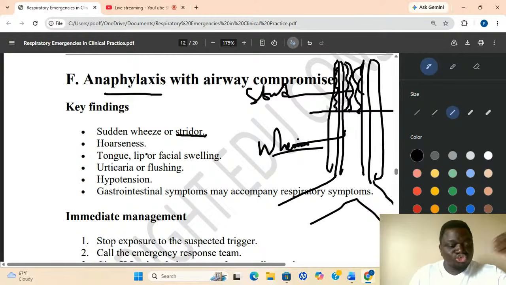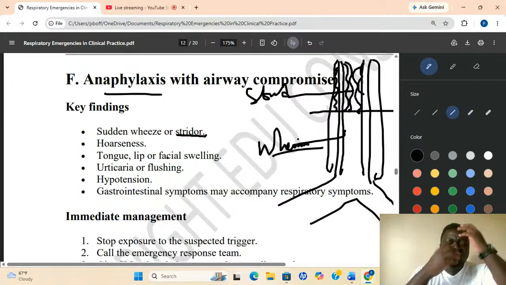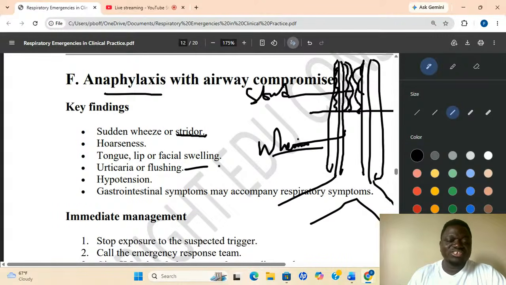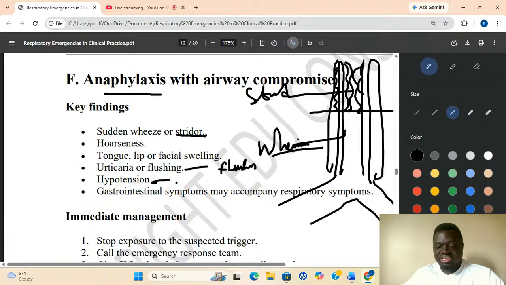Tongue protrusion, lip swelling, angioedema signs, urticaria rashes, and flushing, sweating, minor sweat on the face. We call it flushing. Oyibo does not say I'm sweating; Oyibo will say I'm flushing. But back home we say I'm sweating. Then hypotension, because of vascular dilation.